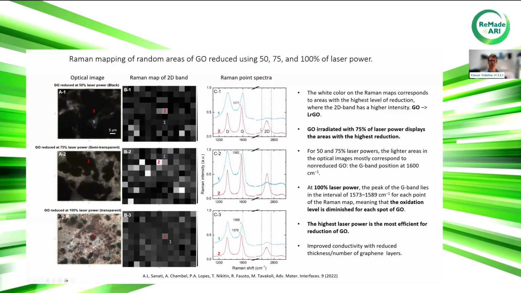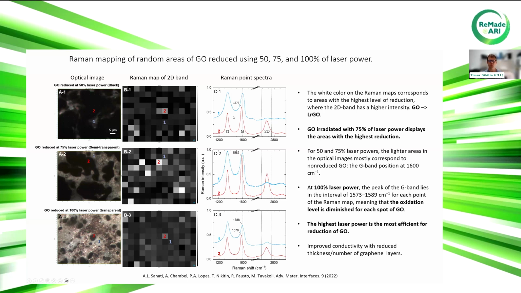And the integrated band was the so-called 2D band, which is higher for reduced graphene oxide. And here we can also see two typical spectra from different areas, marked here with the numbers 1 and 2 on each sample.